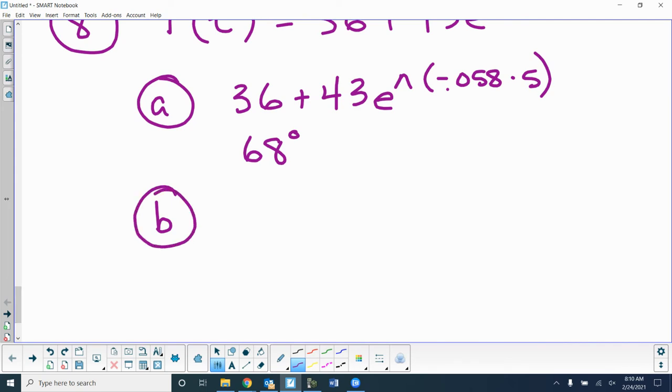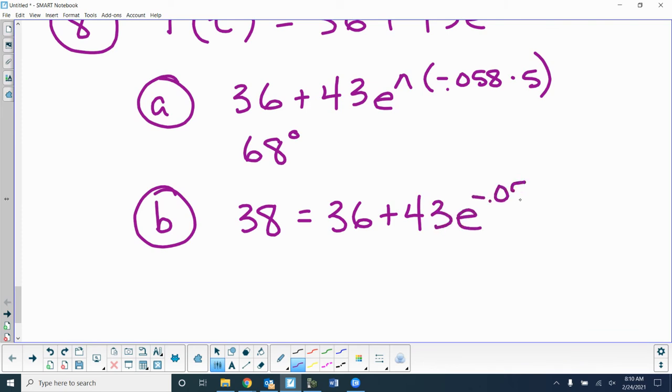So now we want the temperature, capital T, to be 38. I want to solve for T. So it's an exponential equation that I'm going to solve. Before I do that, I want to get this e to the power alone. So I want to move this 36 over and the 43 over.